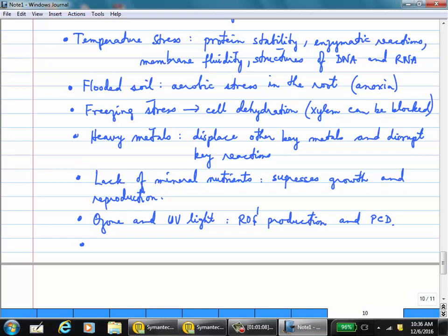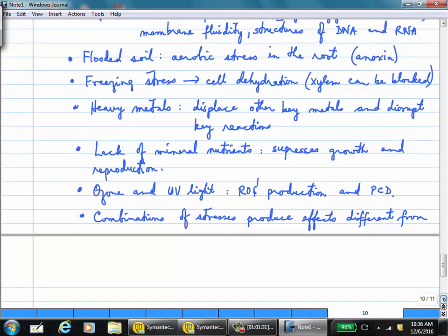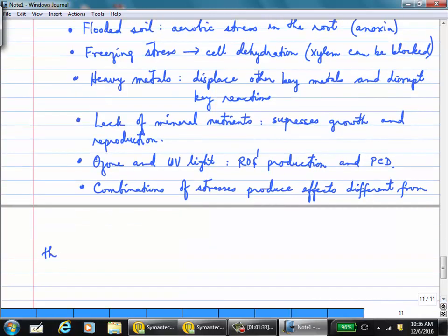So combinations of stresses produce effects different from those of individual stresses.